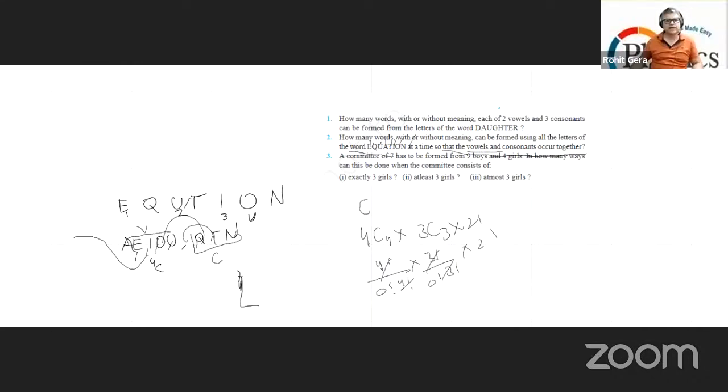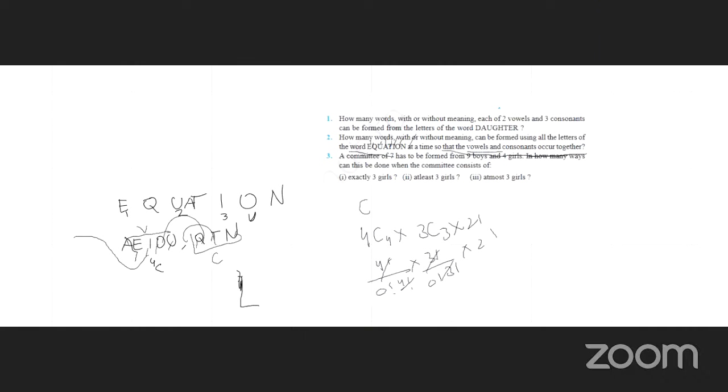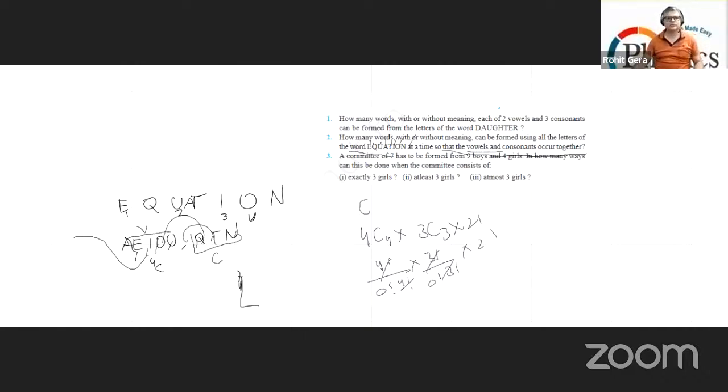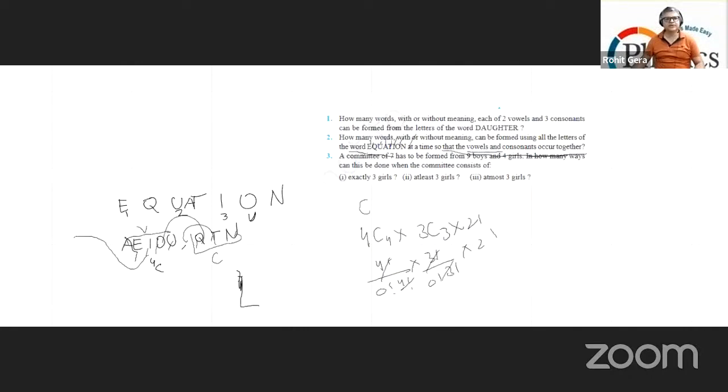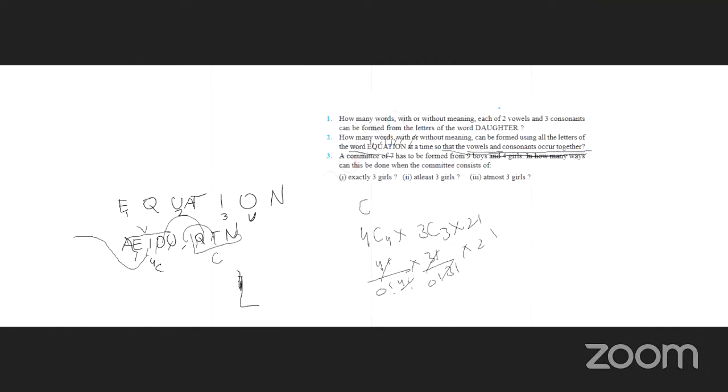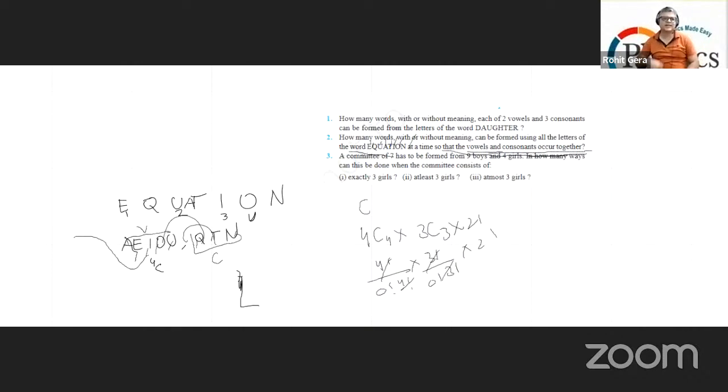So vowels and consonants occur together. Have we read it correctly? Actually, I had written it wrong. I had not written A in the spelling. Which is fine, but what is the meaning of consonants and vowels occurring together? We have to create, they occur together.